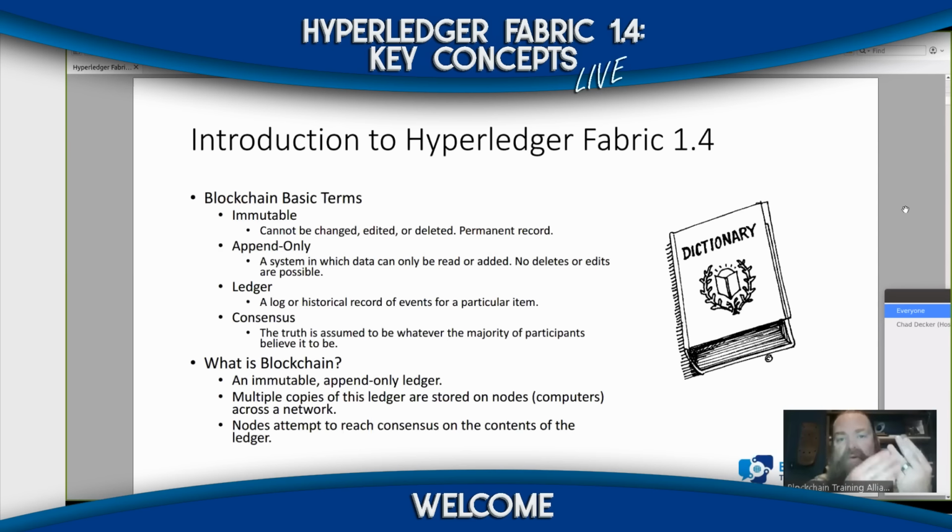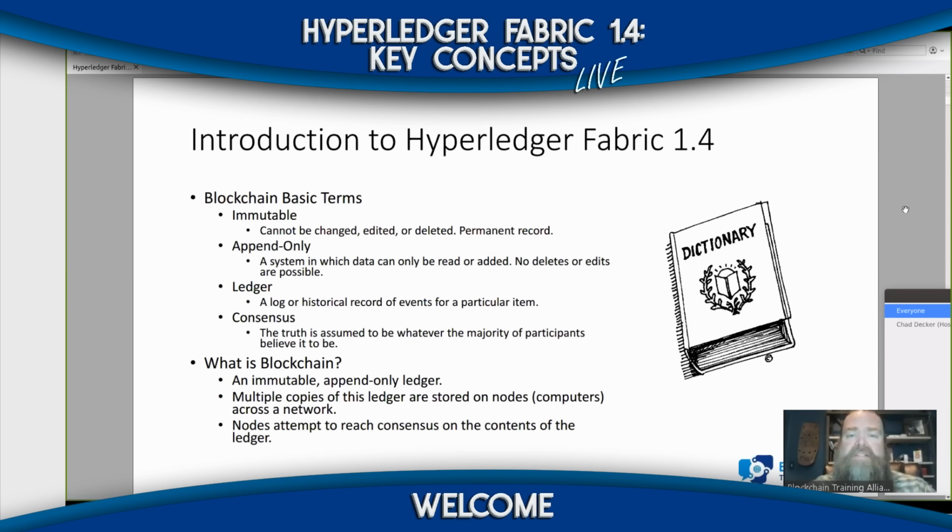In the blockchain world, we intentionally remove those last 2 options. All we can do is create or read. There is no update. There is no delete. And that's what makes our ledger immutable, because we can't go update anything or edit anything, because we can't delete anything. Everything we put on there is permanent.